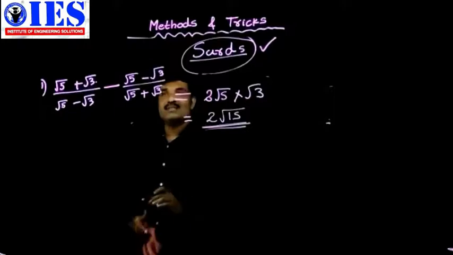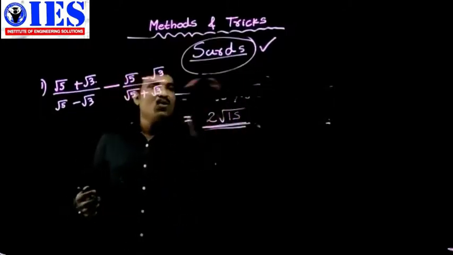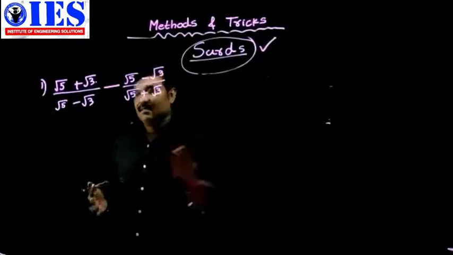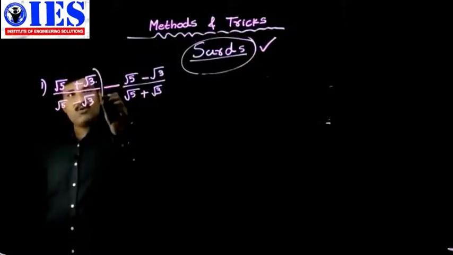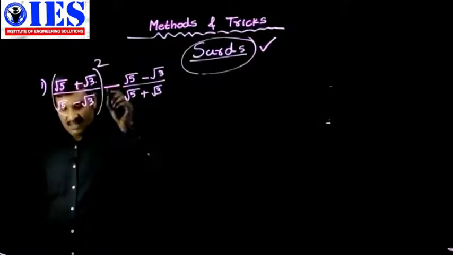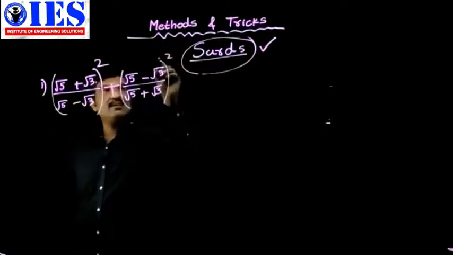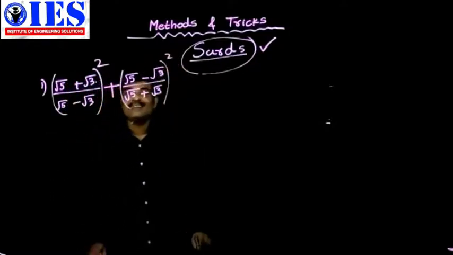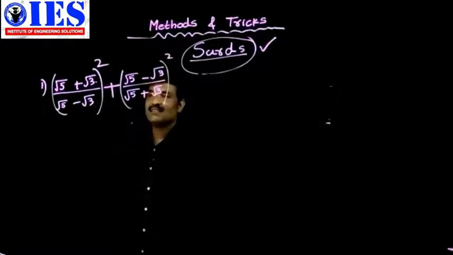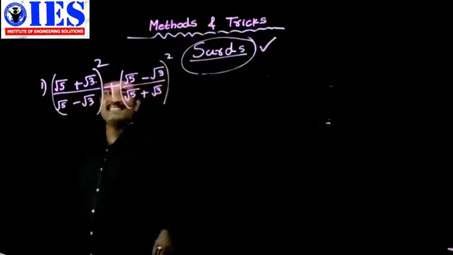Suppose instead of this, our problem is like this. Suppose we have the square of this term, with plus, and the square of this term. Here also, the difference of 5 and 3 is equal to 2.